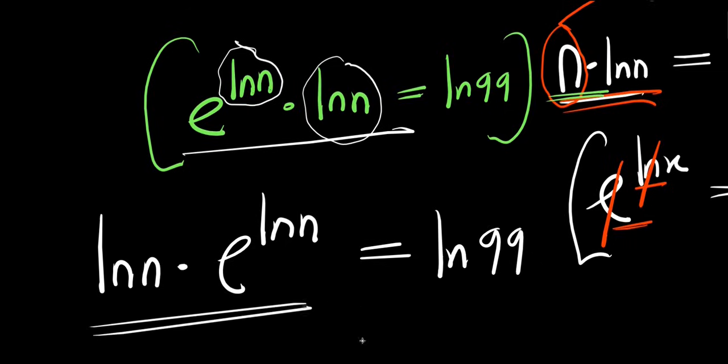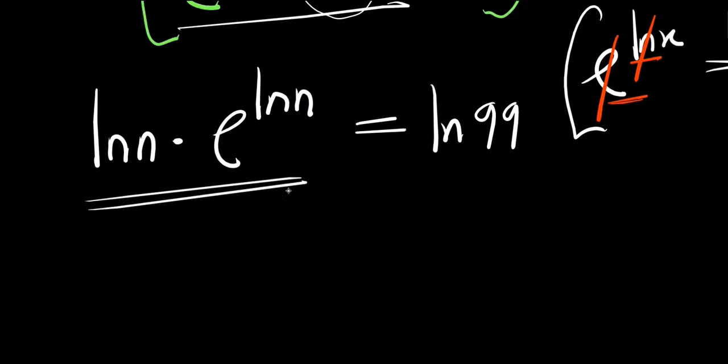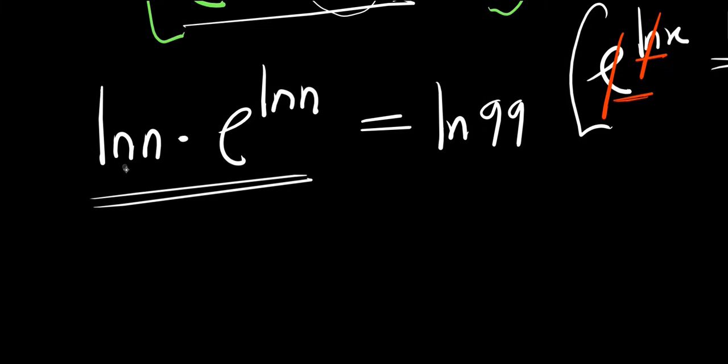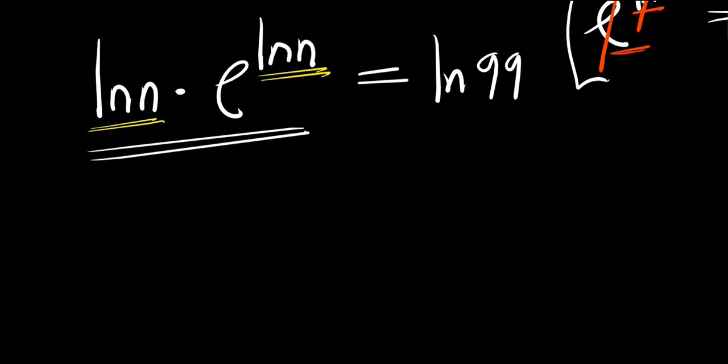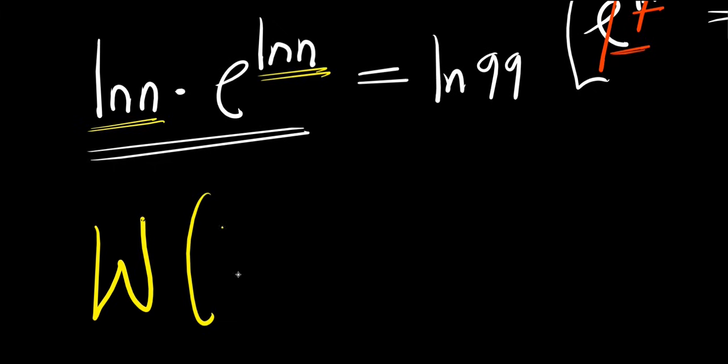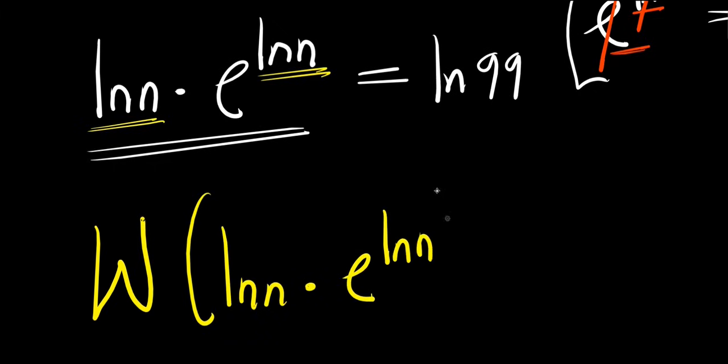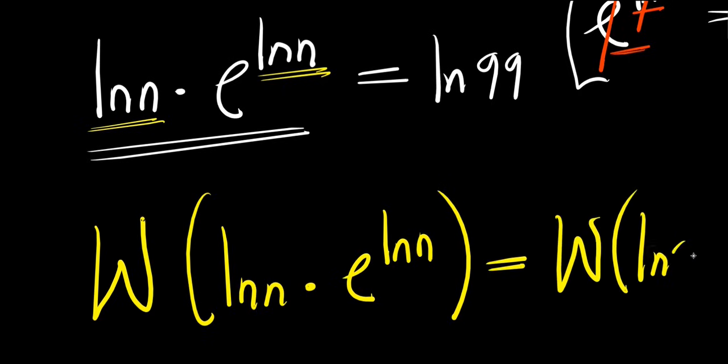Now at this point, we can apply the Lambert-W function because it has satisfied the condition that what you have here must be exactly what you have here. So you apply the Lambert-W function, using capital letter W, of ln n times e power ln n, and this equals the Lambert-W function of what? ln 99.